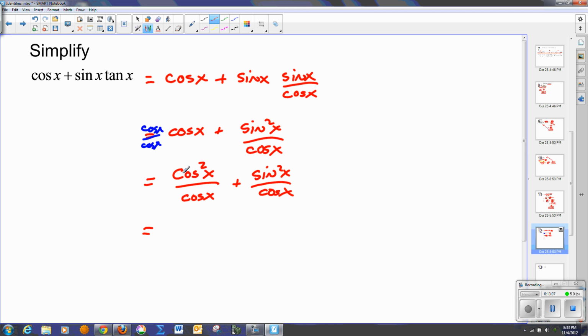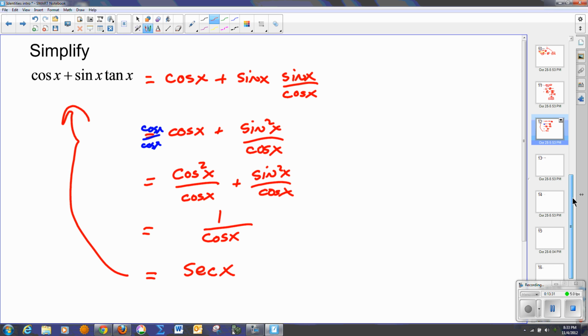And I notice, well, hey, cosine squared plus sine squared, that's a Pythagorean identity. That's just 1 over the cosine. And I know 1 over cosine is equal to the secant. And that's my simplified form of the original. Again, it's going to take some practice to start picking some of this stuff up. You're going to have to know those Pythagorean identities very well.